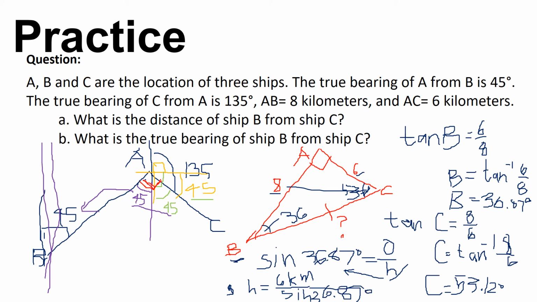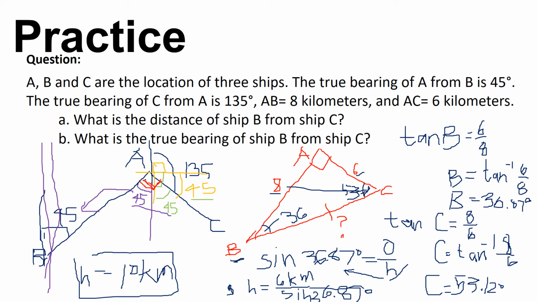If you try solving that in your calculator, you can get a hypotenuse equal to 10 km. So we have solved the distance of the ship from B to C. That's 10 kilometers. Now let's determine the true bearing.